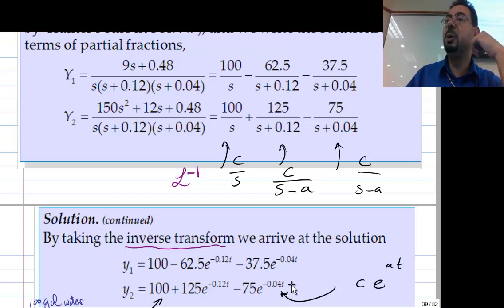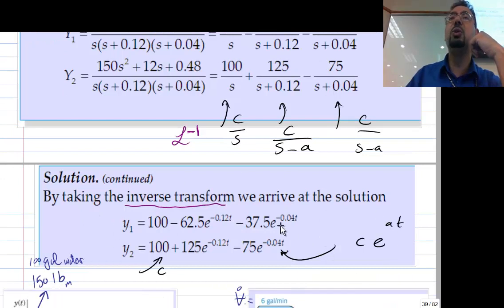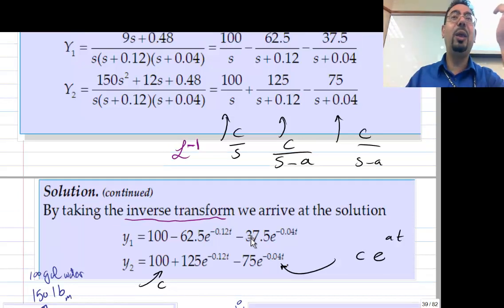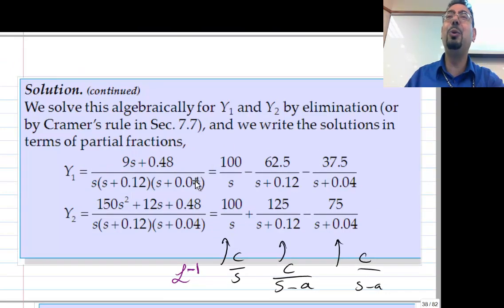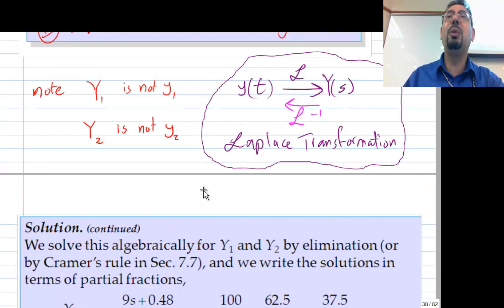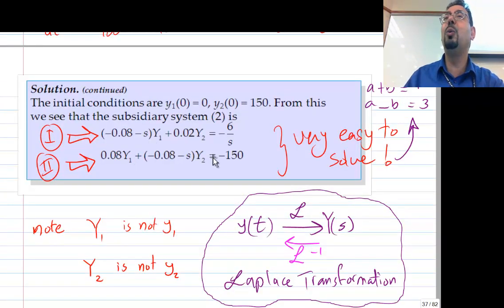And the same thing is repeated. And so those are the two solutions for y1 of t and y2 of t. Is that magic? Isn't that pretty? See how we just solved basically two algebraic equations. We had two ordinary differential equations, and we end up getting the solution by just substituting y1 and y2.